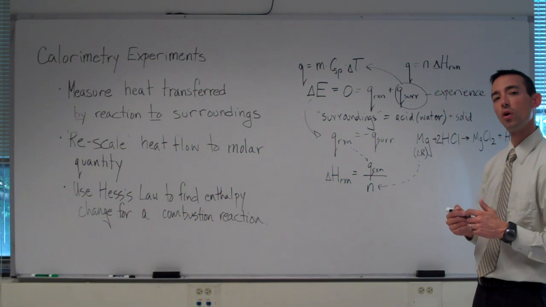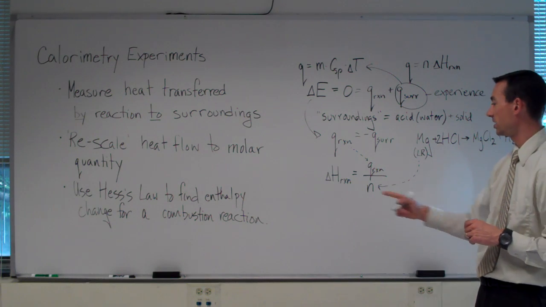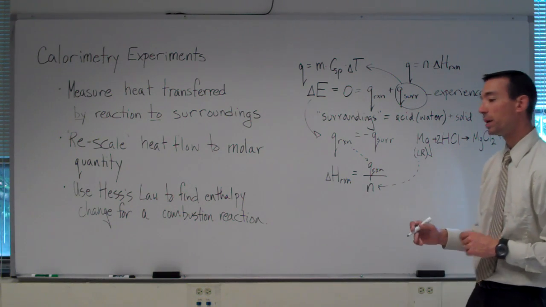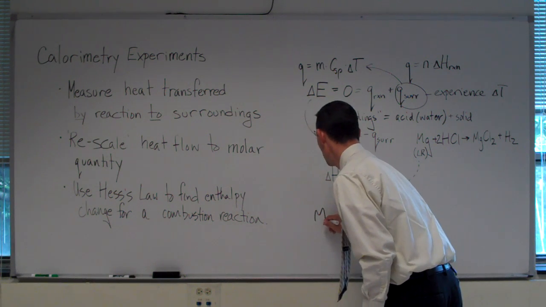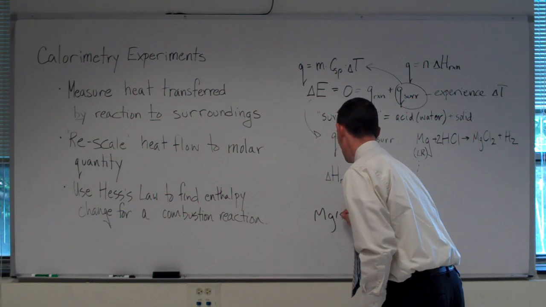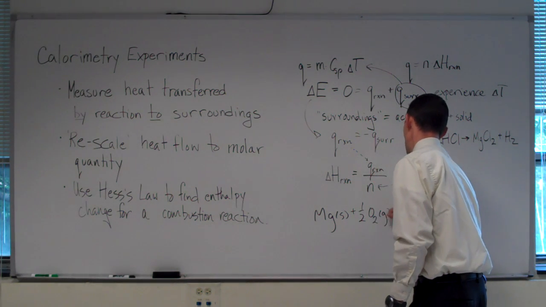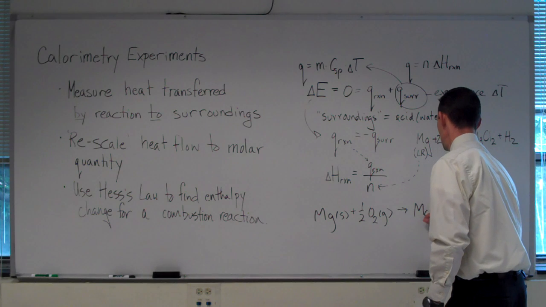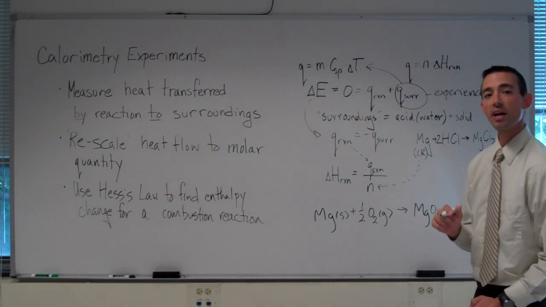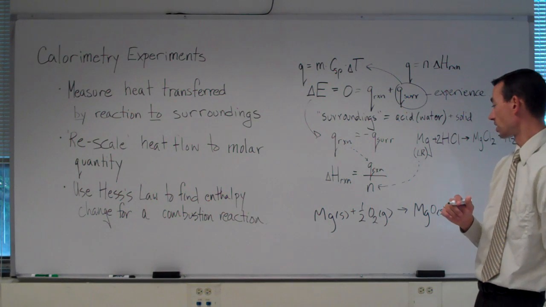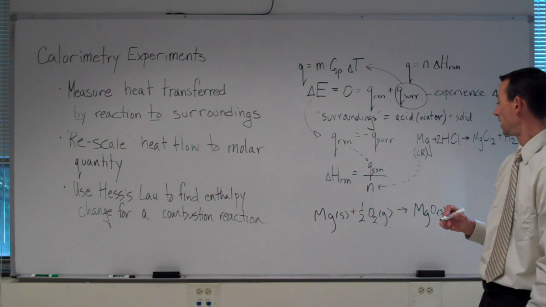Now the ultimate goal of today's lab is to come up with the enthalpy change, the delta H, for a combustion reaction. You're going to do it for two, but one of them could be Mg plus half a mole of oxygen to form MgO. This is a particularly violent reaction when it occurs and generates a lot of energy.